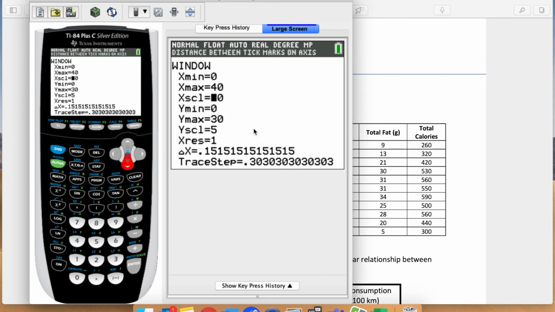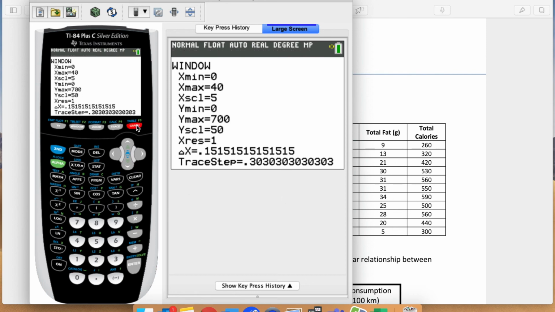This is just the distance between the tick marks on the axis, so why don't we have it every 5? And then the Y values, we can start at 0. We don't have to, but I'm going to leave it at 0. We're going up to a total max of 590, so why don't we make it 700, and we'll go up every 50 for our ticks. Now we're set up so we can graph this.